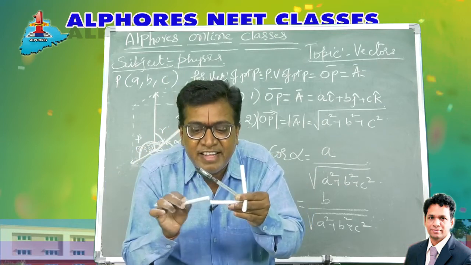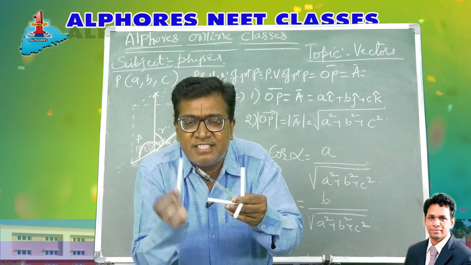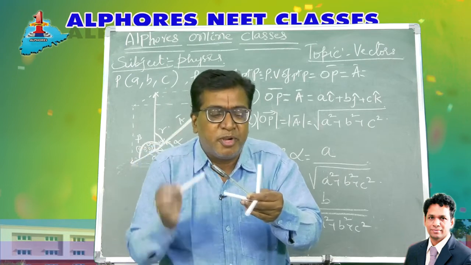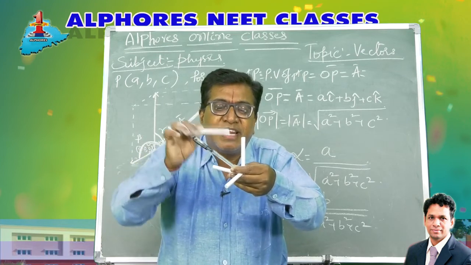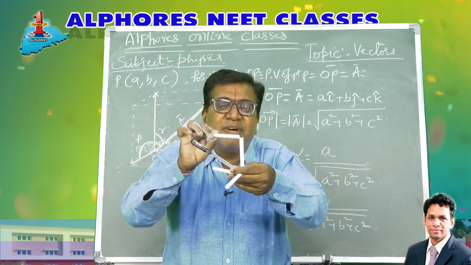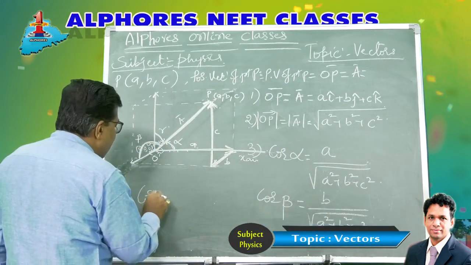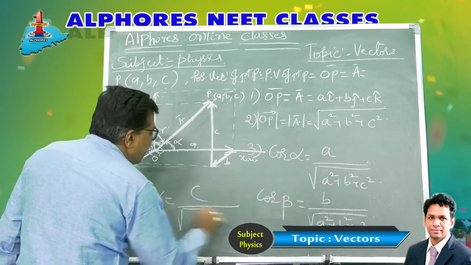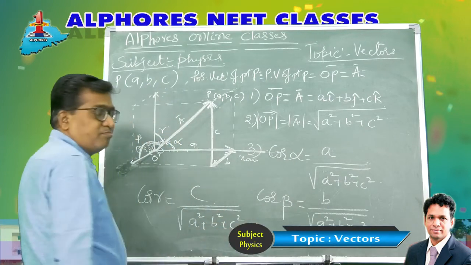I travelled a, b and c, and c is the vertical distance I travelled to reach the point P. So this is c and this is the length of the vector. Therefore cos gamma is equal to c by under root of a square plus b square plus c square.